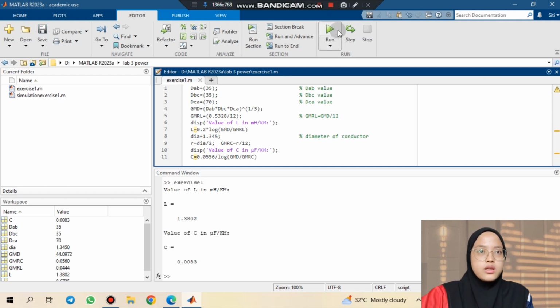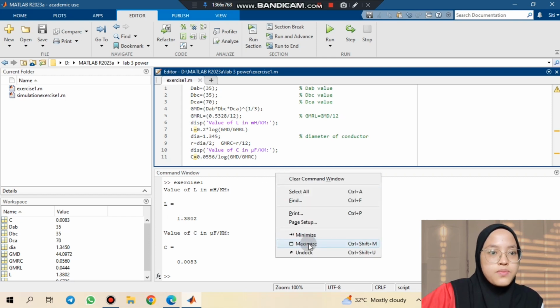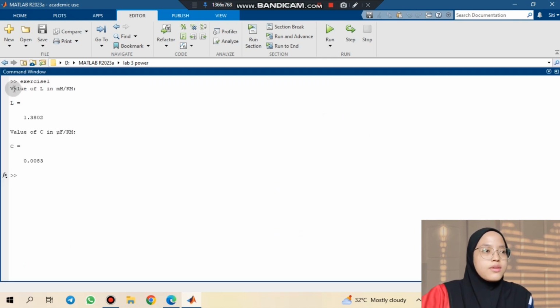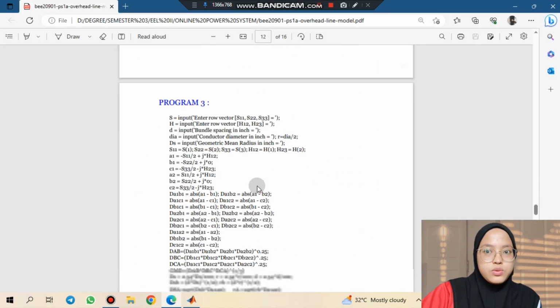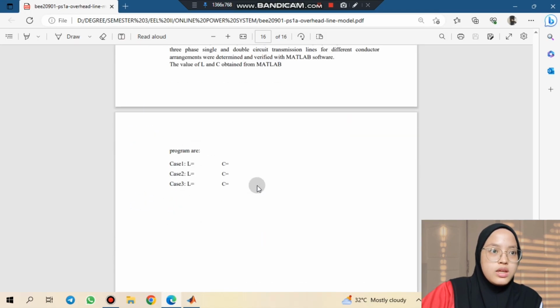So we have run the simulation and we can see here the value of L in millihenry per kilometer displayed is L equal to 1.3802, and the value of C in microfarad per kilometer is C equal to 0.0083. So is this coding correct or not? We can compare it to the manual calculation.